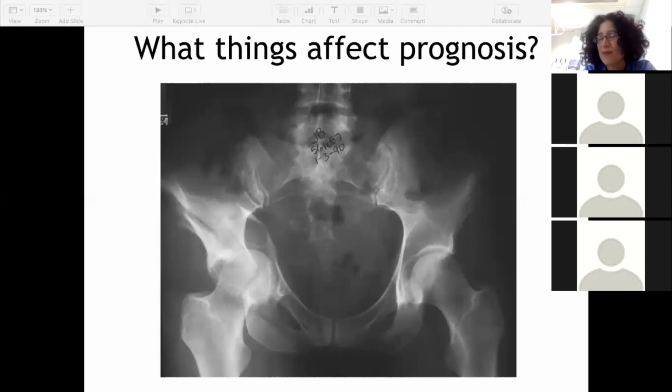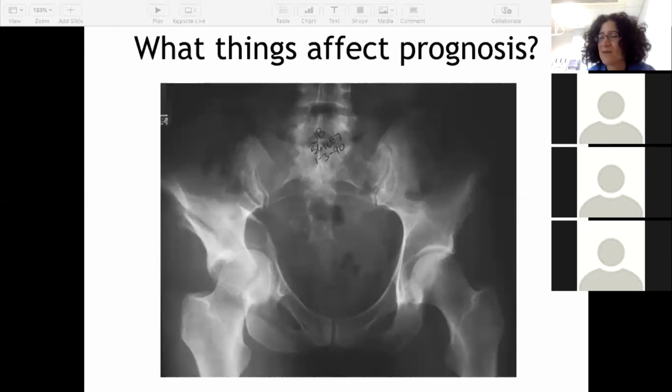So we have a group of patients with posterior wall fractures who we don't operate on. Who are they? Patients who already have arthritis. Yeah, so that's really unusual, Dimitri. We tend not to see posterior wall fractures in that group of patients because it tends to be a relatively high energy injury associated with a hip dislocation.